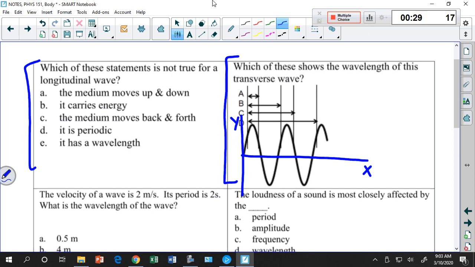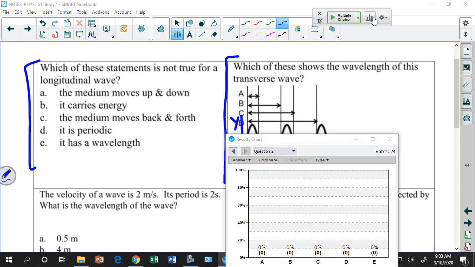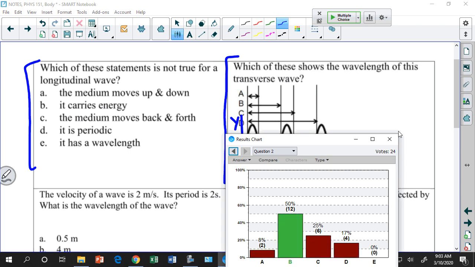All right, I'm going to stop at 38. 38. Okay, B is the right answer.